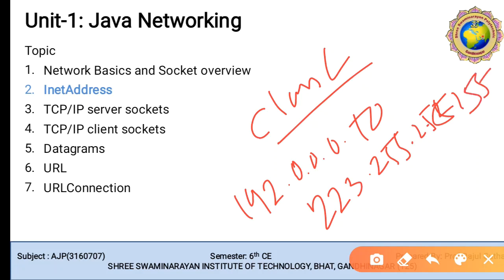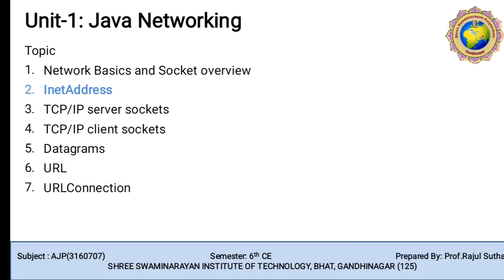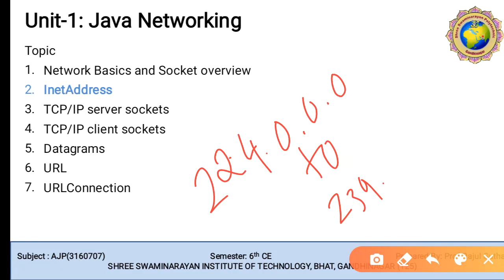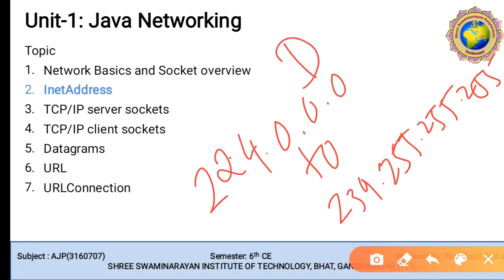This is the range of class C. And the next one, class D. Class D covers 224.0.0.0 to 239.255.255.255. So this is the range of the class D network.